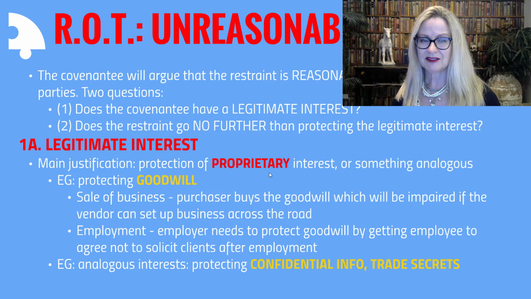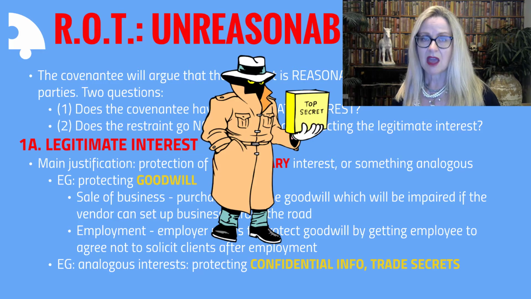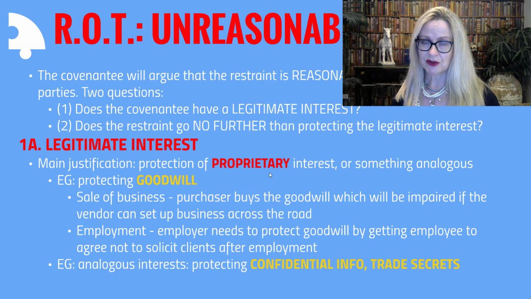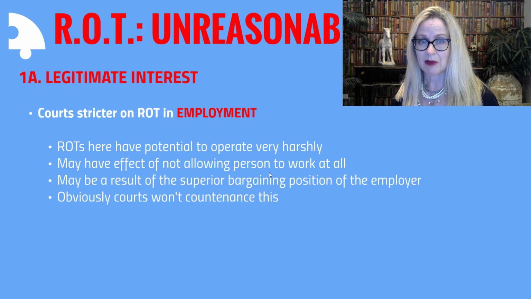So that's probably the main category of legitimate interest. Other types of legitimate interests are protecting confidential information and protecting trade secrets. As long as the restraint of trade is focused on protecting those legitimate interests and goes no further than that, then the restraint may be reasonable as between the parties.